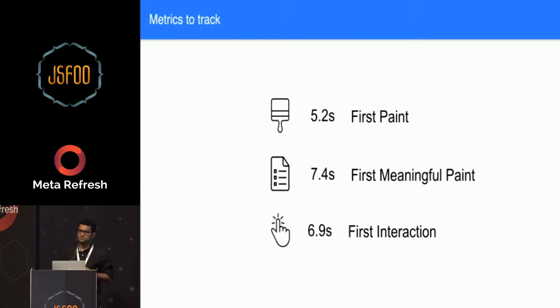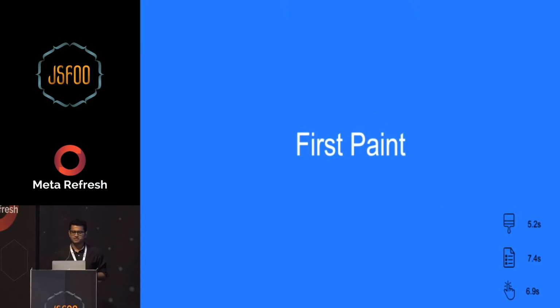So many of you have noted that the first paint happened at around 5.2 seconds. There was some meaningful content on the page at 7.4 seconds, and the first JavaScript enabled interaction happened at around 6.9 seconds. I'll come to how we determined this time in the later half of the presentation.